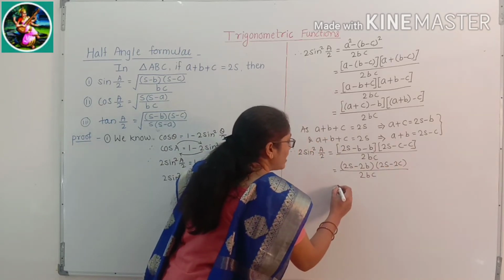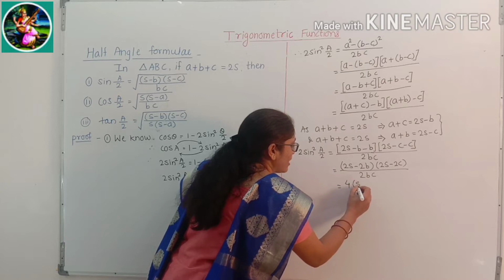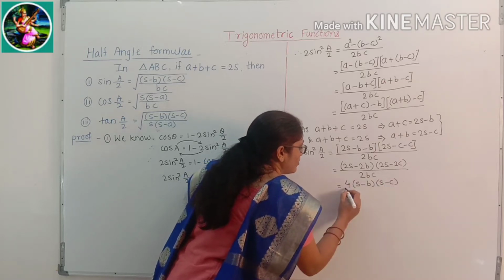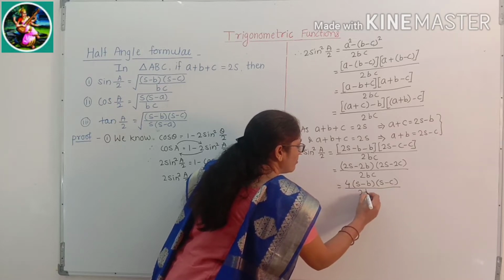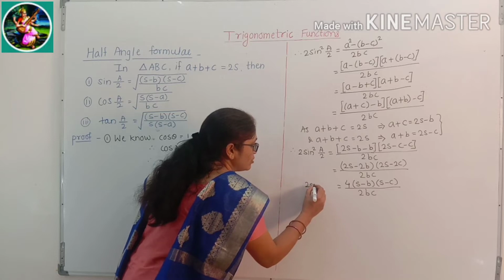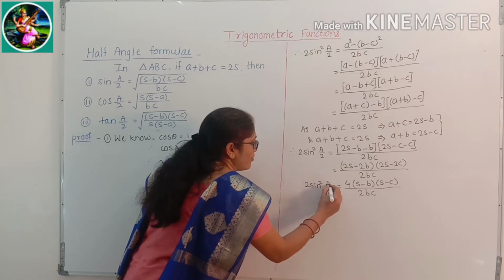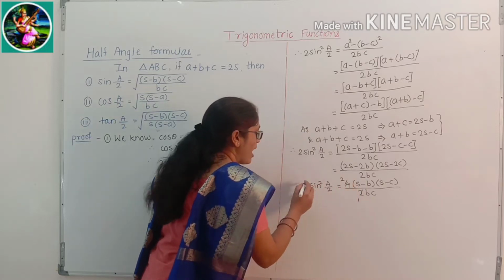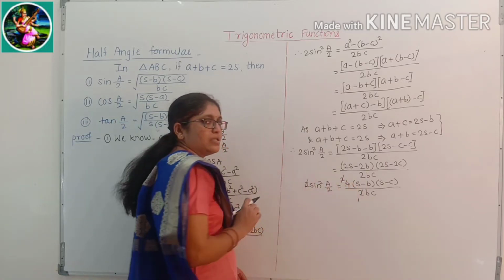Therefore we get 4 into (s minus b)(s minus c) divided by 2bc. And in the left hand side we have 2 sine square A upon 2. Two ones are 2, two twos are 4, and this 2 cancels with this 2.